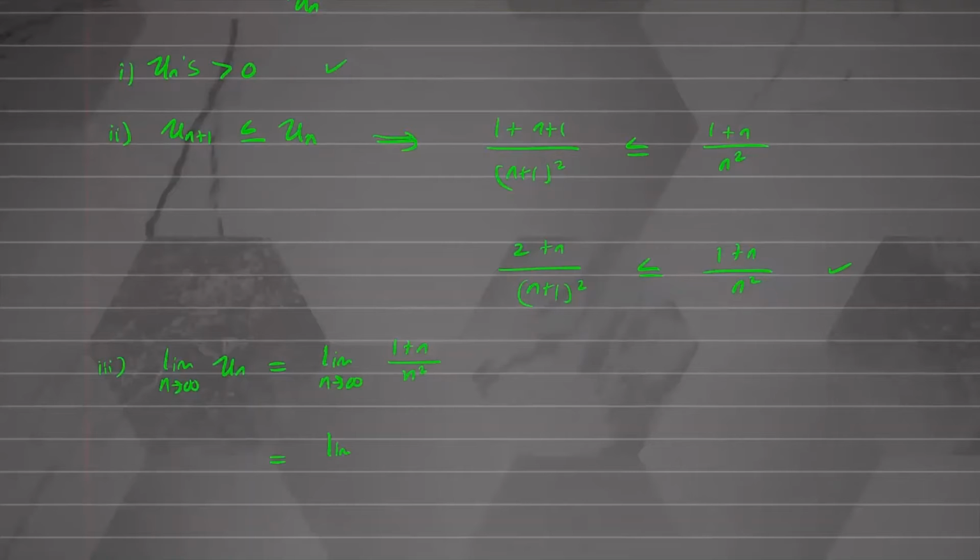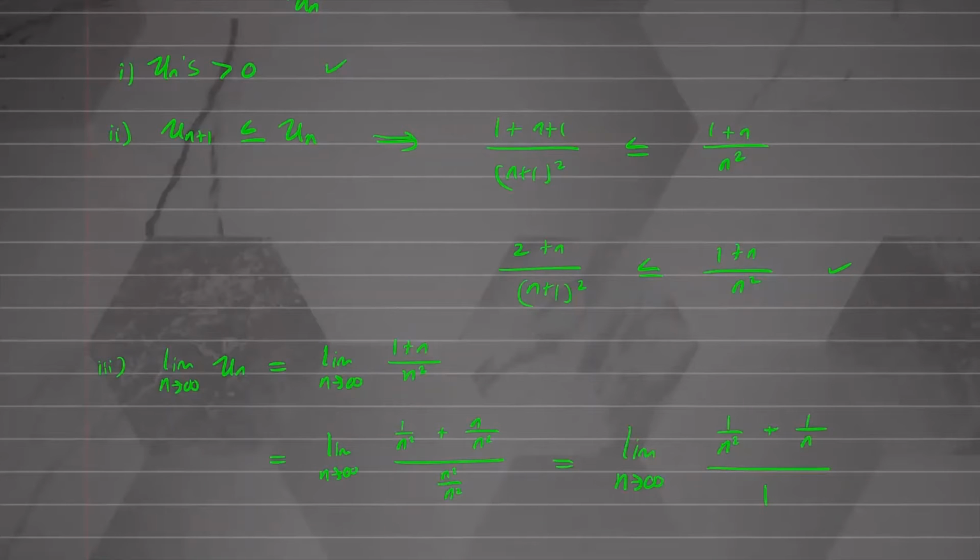So you'll have the limit as n approaches infinity of 1 over n squared plus n over n squared, over n squared over n squared. So that simplifies to 1 over n squared, that doesn't simplify, n over n squared will simplify to 1 over n, and in the denominator we get 1.